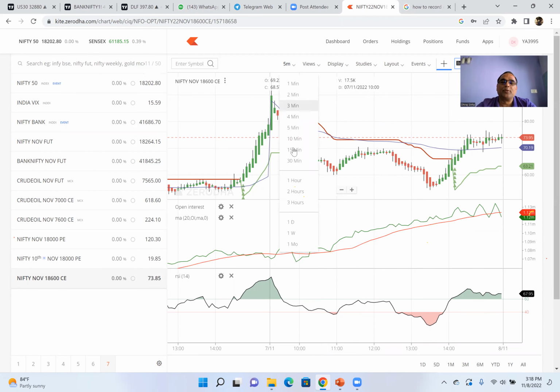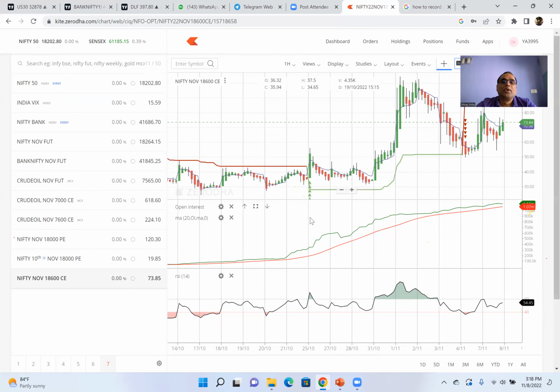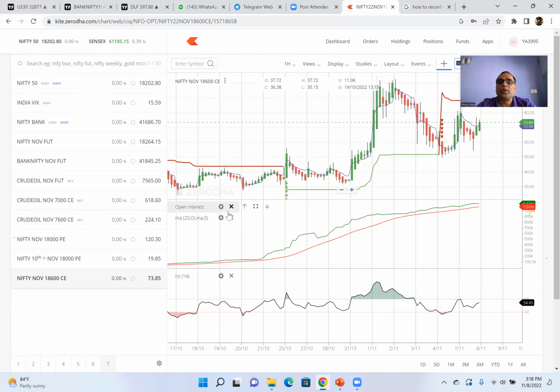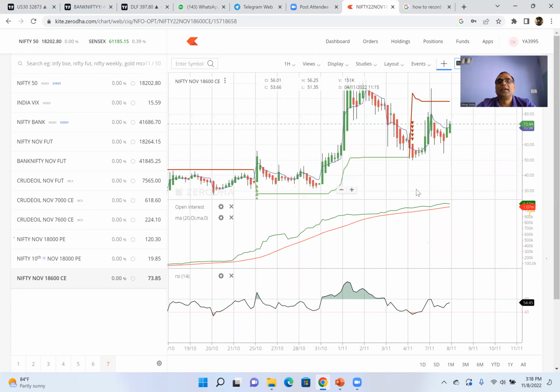Let me show you first on positional on 1 hour. 18,600, you clearly see that from 25th October, there is no way you could have sold 18,600. Even though at that time 18,600 looked pretty far, it is not meeting any of our conditions.